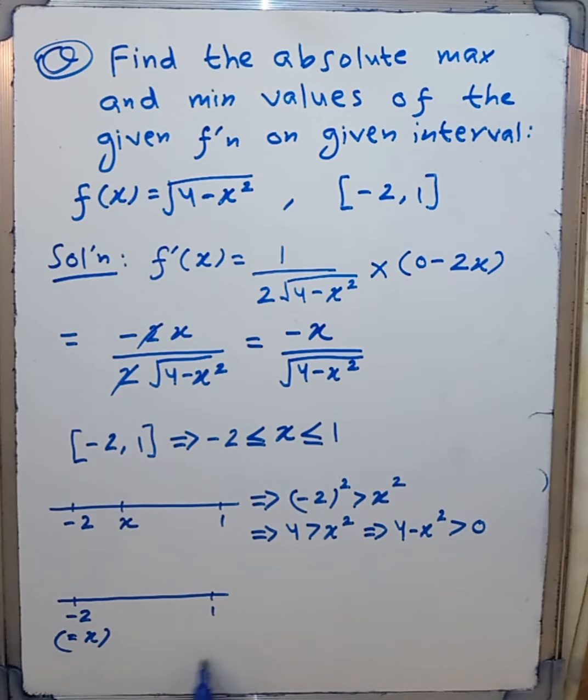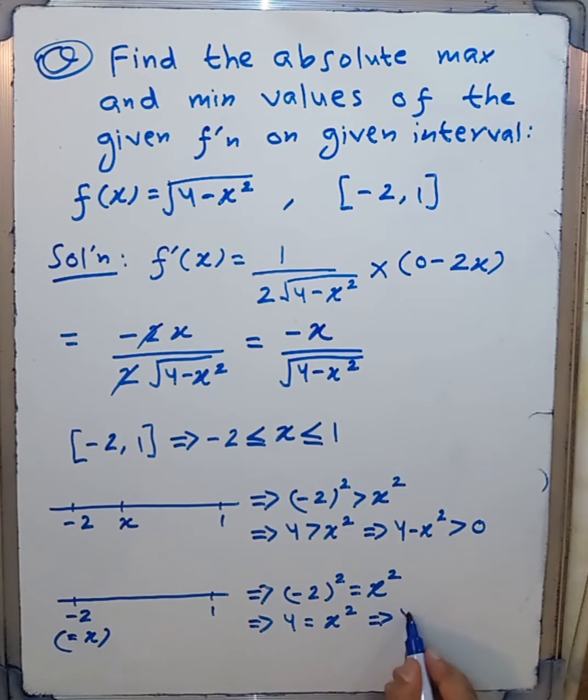The second condition will give us that minus 2 whole square will be equal to x square, and this gives us that 4 is equal to x square, and hence 4 minus x square is equal to 0.